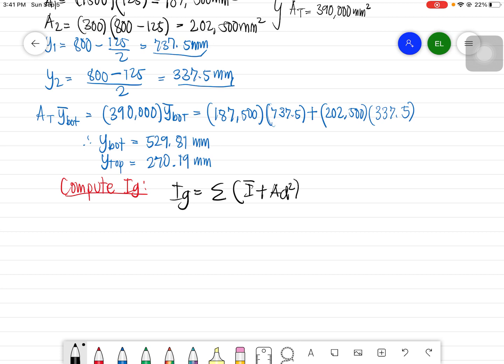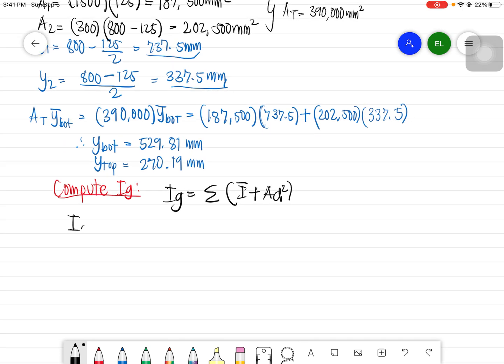So IG is equal to, first let us calculate the flange: 1,500 b h cubed over 12. This is for the flange, then plus the area of the flange, 187,500, then d.